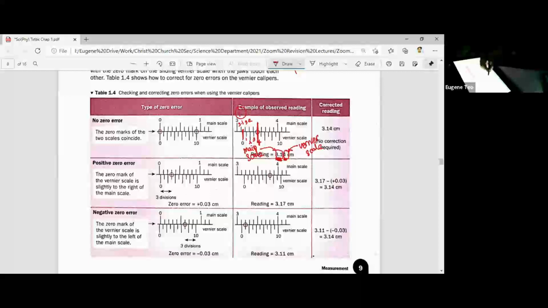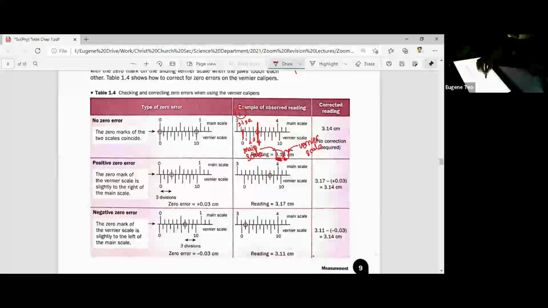So let's look at the positive zero error. When does positive zero error occur? For example, when I'm not measuring anything, I close my vernier caliper, then you realize the 0s here don't align. When the 0 is not aligned, you actually have a zero error.